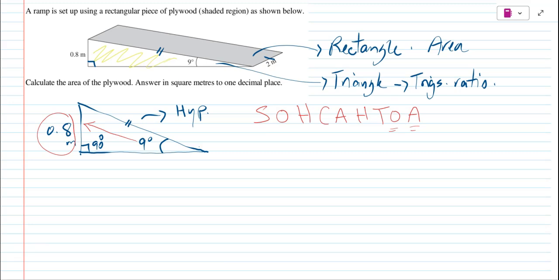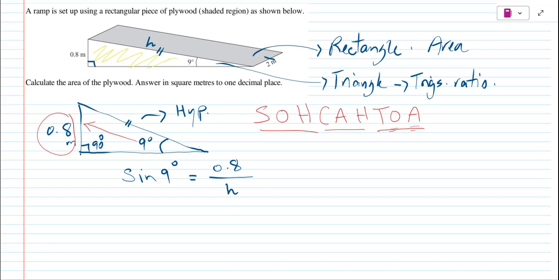Okay, so which of these three trig ratios involves opposite and hypotenuse? Well, it is the sine. Write this sine equation as sine of 9 degrees equals 0.8 over h. Let's call this hypotenuse h, which is the length of that rectangle.